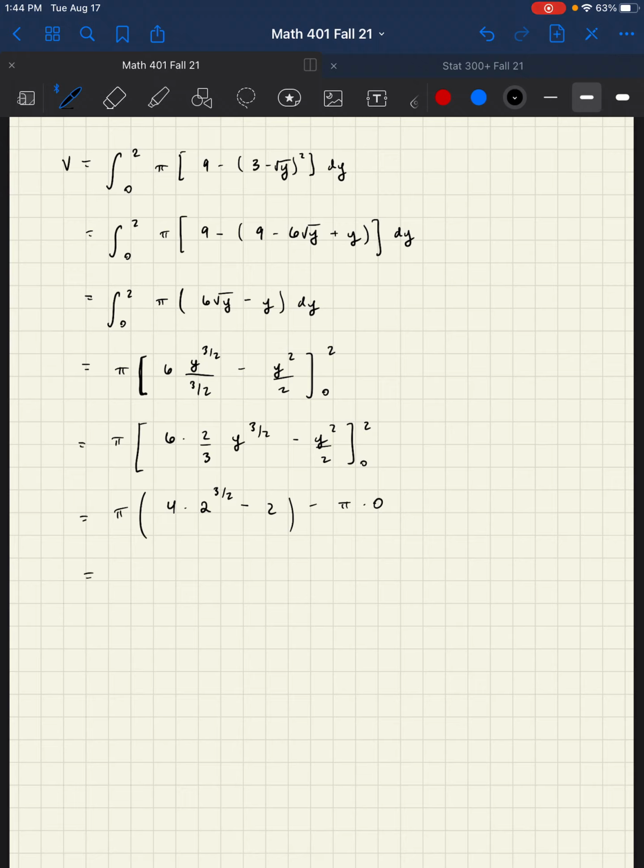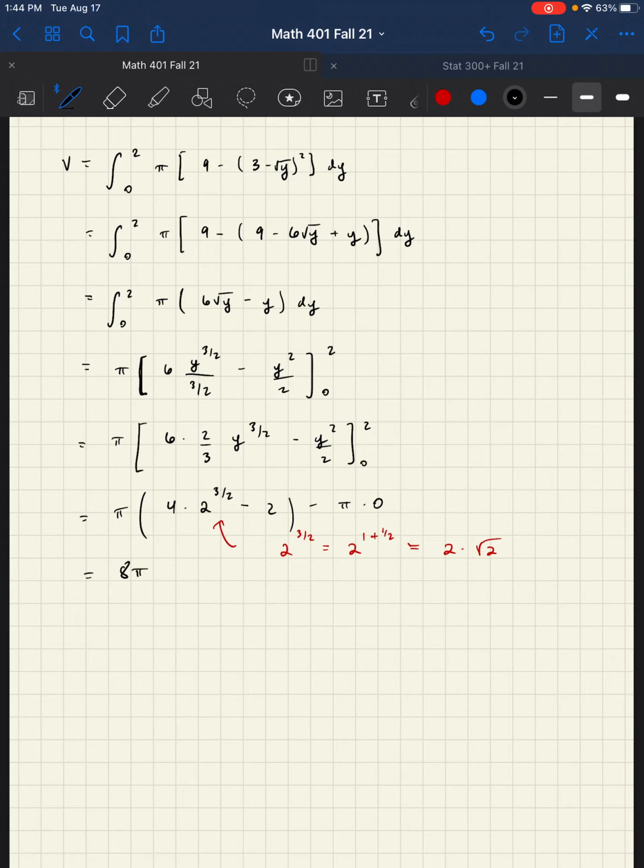Then this means that we have 2 raised to the 3/2 power is going to be, let's actually calculate that. So one way of thinking about it is 3/2 is 1 plus 1/2, which is the same as 2 times square root of 2.